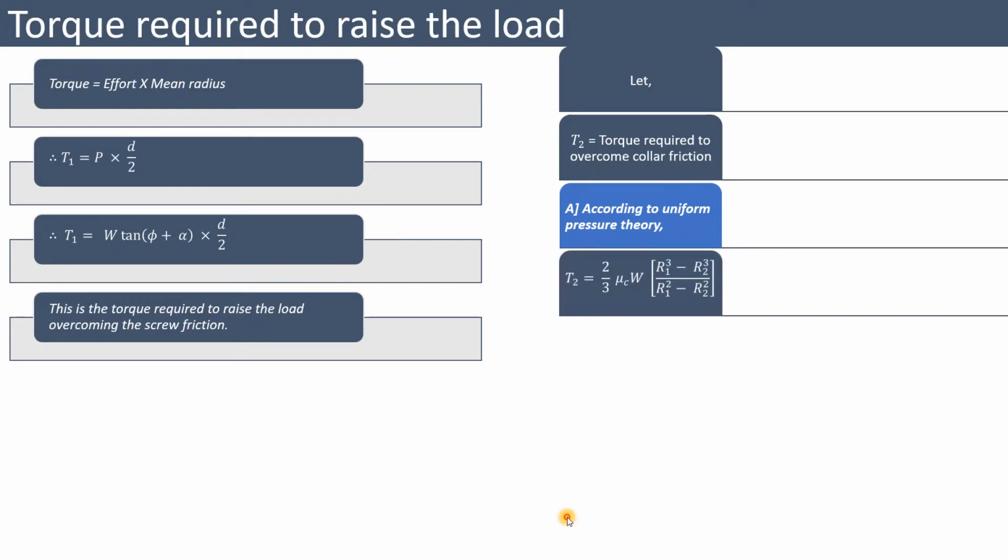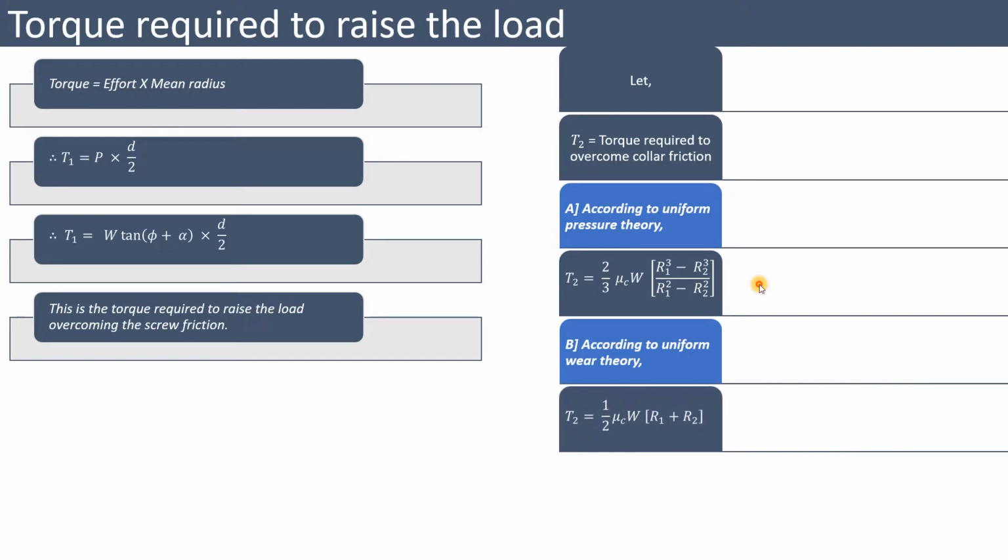According to that, torque required to overcome the collar friction surface or static friction is 2/3 mu W (R1 cube minus R2 cube) divided by (R1 square minus R2 square). Or you can use the uniform wear theory where T2 is 1/2 mu W (R1 plus R2), where R1 and R2 are external and internal radius of the collar surface or bearing surface on which the load is resting.